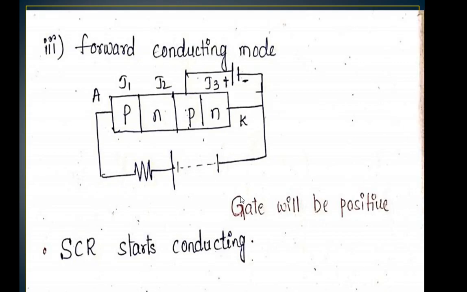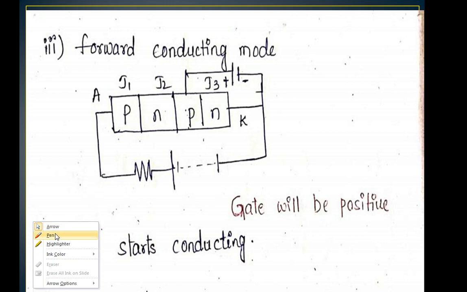But in forward conducting mode, we are connecting some positive voltage to the gate terminal. Due to that positive voltage, the junction J2 becomes forward biased. Whenever J2 becomes forward biased and some forward voltage is applied, the SCR starts conducting.